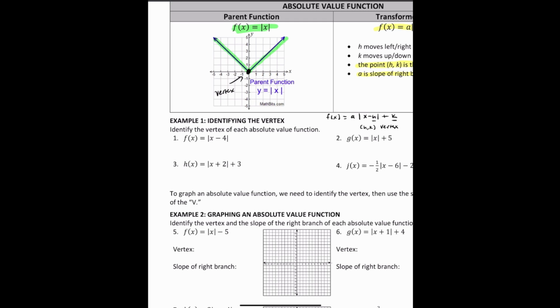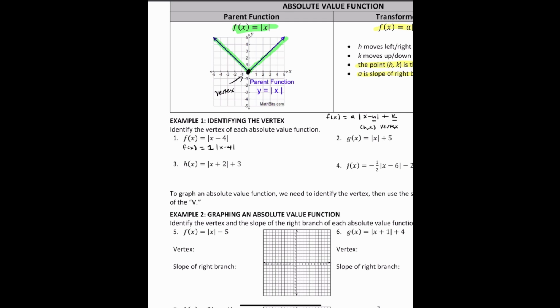So let's go ahead and rewrite this as f of x equals, now we don't see an a value in front of the absolute value expression, but we can assume that there is an invisible one right here. So I'll write 1 times the absolute value of x minus 4.